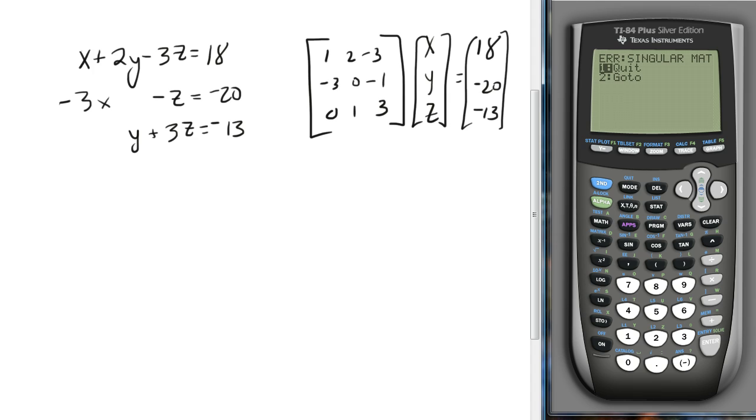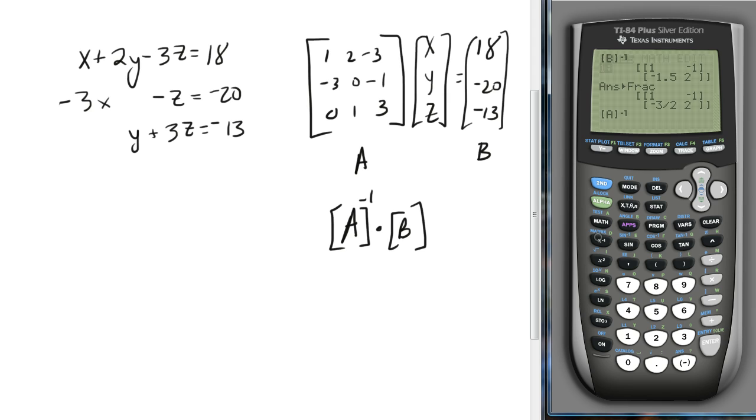All right. Here's another way to solve this using the calculator. This is A, this would be B. You're going to type in A inverse times B, and that will give you the solutions. So let's try it. Second matrix, edit, number 1.